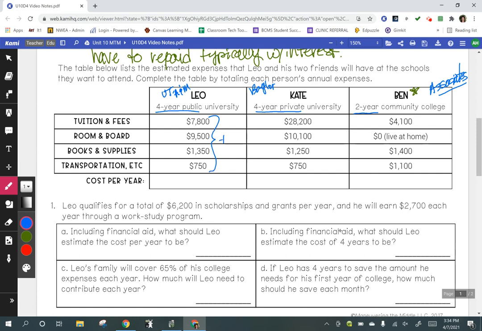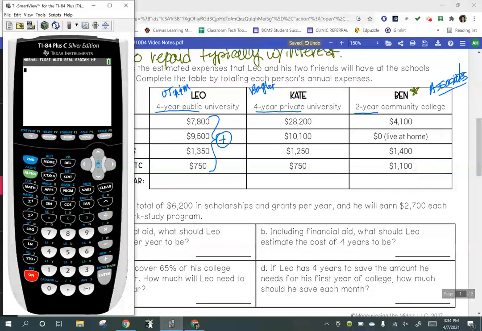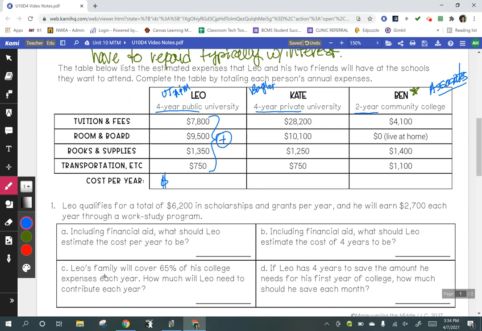All I'm going to do is add these up in my calculator: 7,800 plus 9,500 plus 1,350 plus 750. I end up with about $19,400, and that is per year.